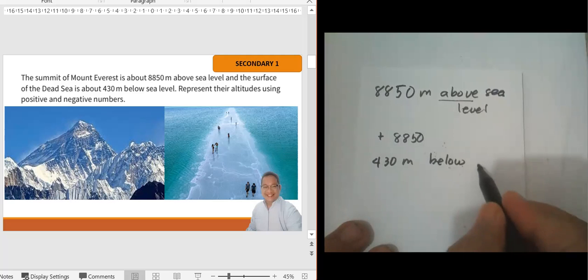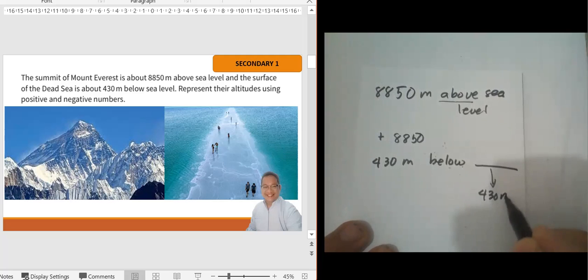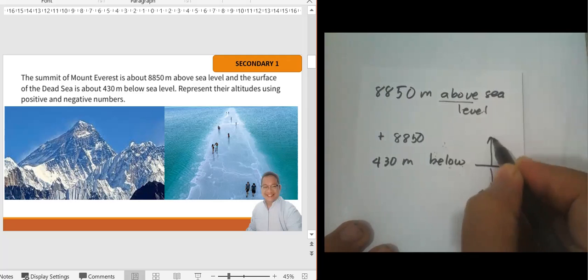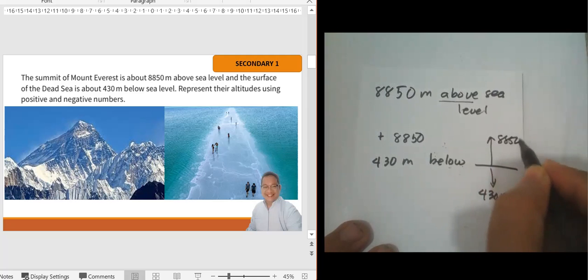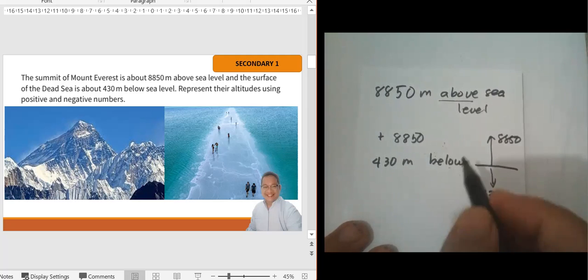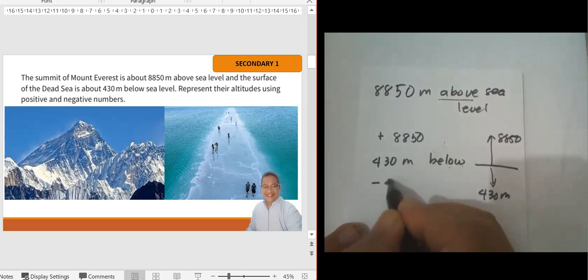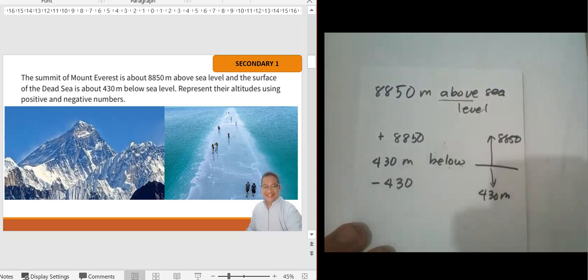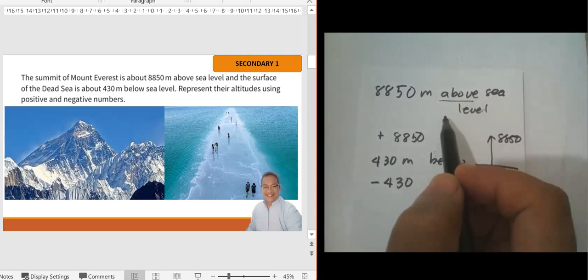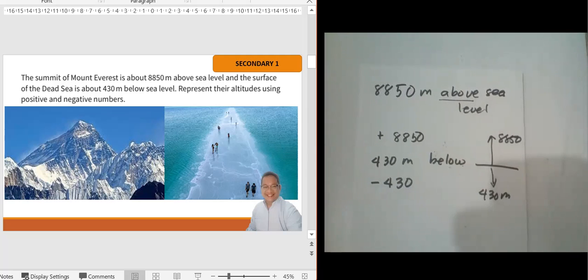So if that is the sea level, below that one is 430 meters, while this one is above that, 8,850. That's above sea level. This one can be written as negative 430. So that's the meaning of the expressions above sea level and below sea level.